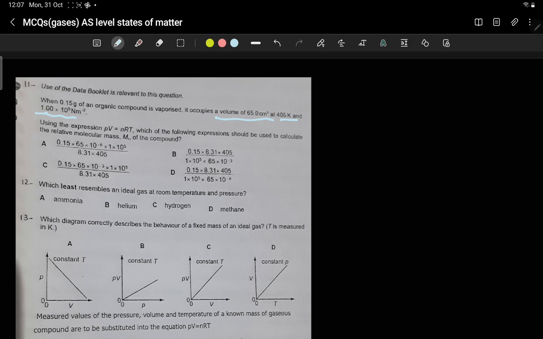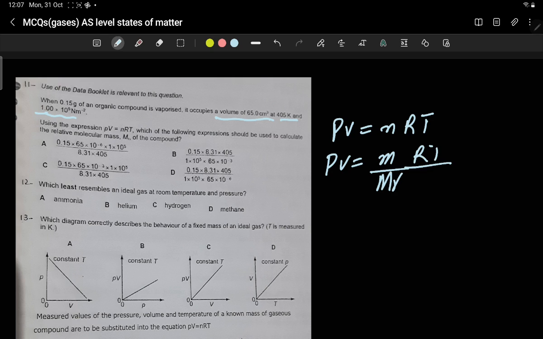We know PV is equal to nRT, and number of mole is equal to mass over Mr, so PV is equal to mass over Mr into RT, and Mr is equal to mass times gas constant times temperature divided by PV.